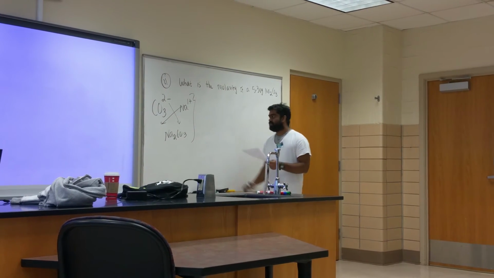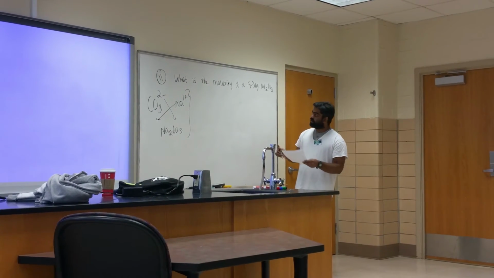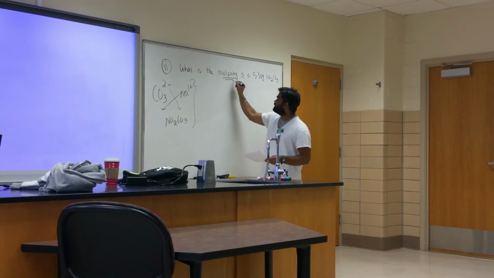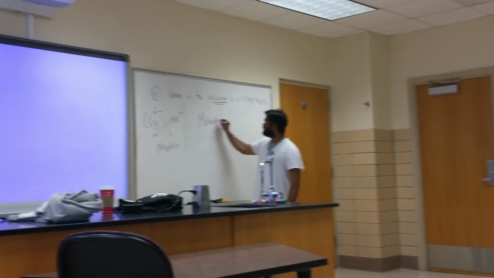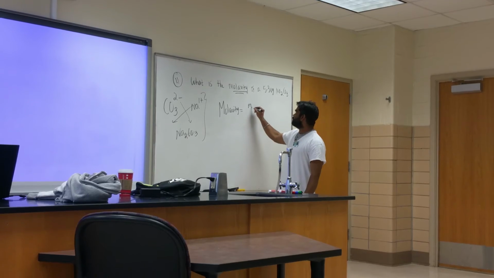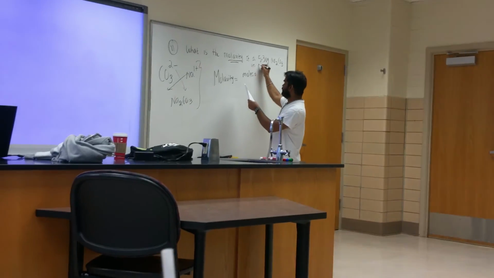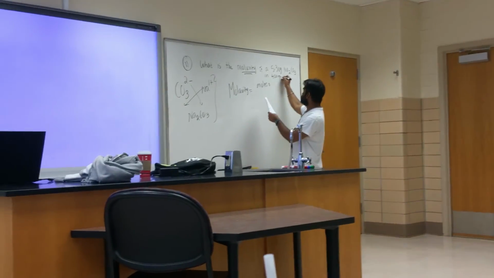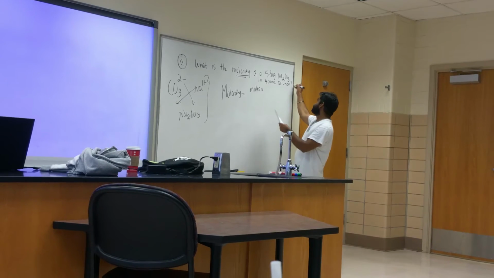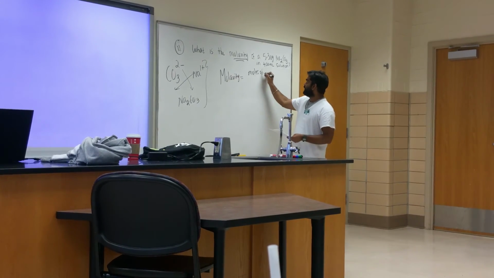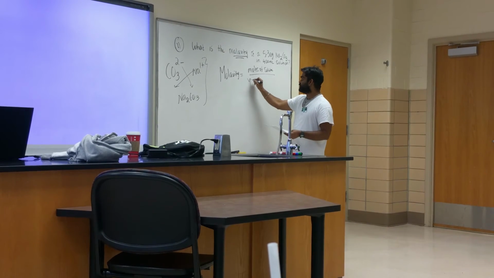So this is sodium carbonate. We were all experts on that homework at one point in time. Now we have to calculate molarity. We want to calculate moles of solute in 400 milliliters of solution. Molarity is moles of solute over volume of solution.